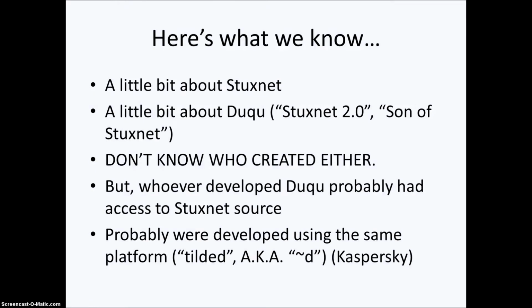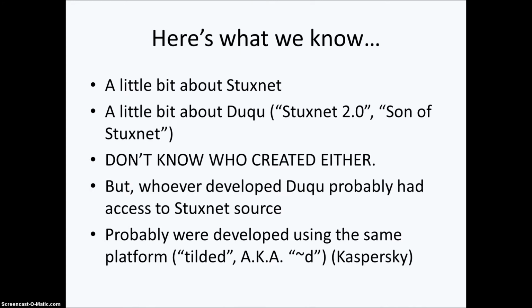So here's the deal. We really only know a little bit about Stuxnet, and we really only know a little bit about Duqu, or as it's sometimes called, Stuxnet 2.0, or even son of Stuxnet. Now, there are a lot of people who think that the same people who developed Stuxnet were the same people who worked on and developed Duqu.